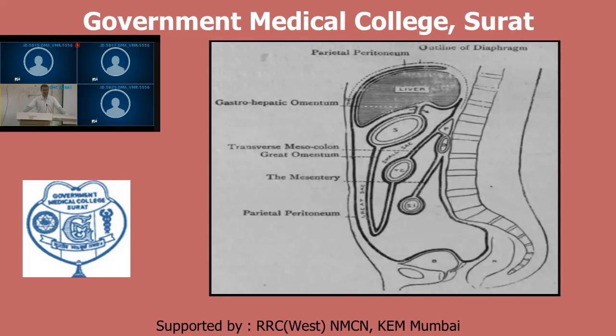It is reflected in relation with the diaphragm. First, this peritoneal reflection shows attachment to the inferior surface of the diaphragm. From here, it will go downward towards the liver, and in relation with the liver, it shows attachment on the surface of the liver.